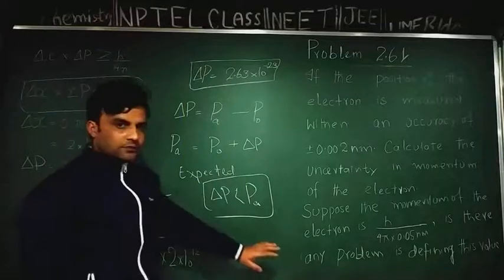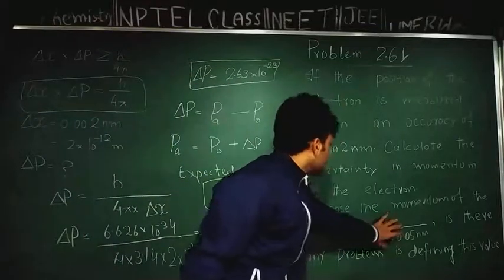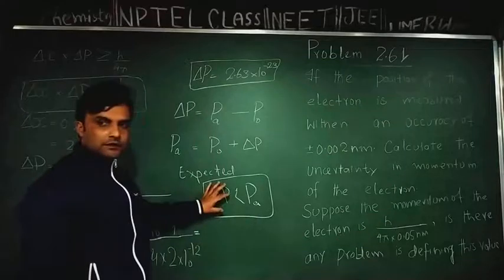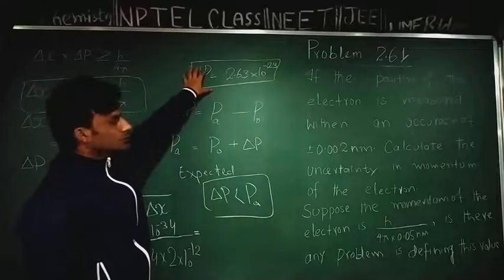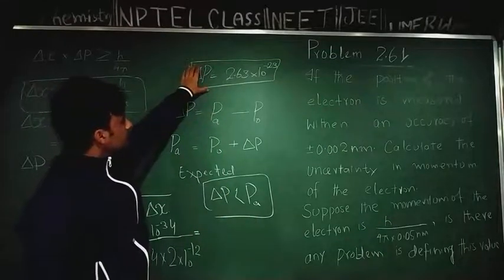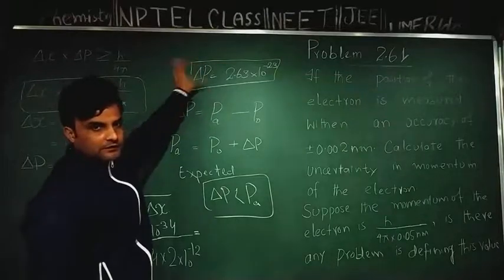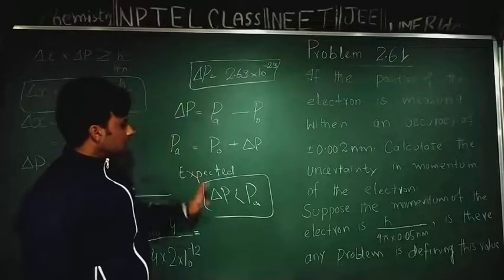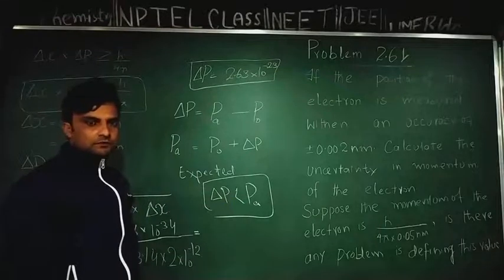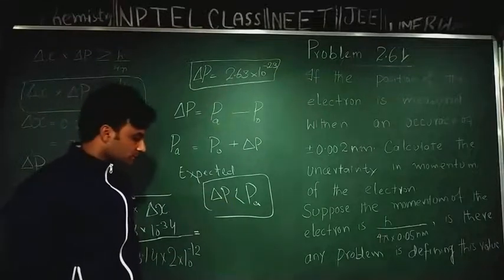Or else, if the given value of momentum is less than the uncertainty in momentum, as calculated in part first, then the value of given momentum is meaningless. It has no significance.